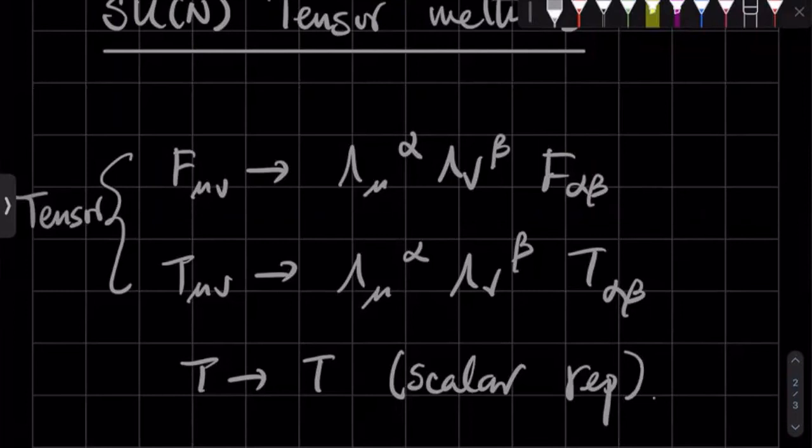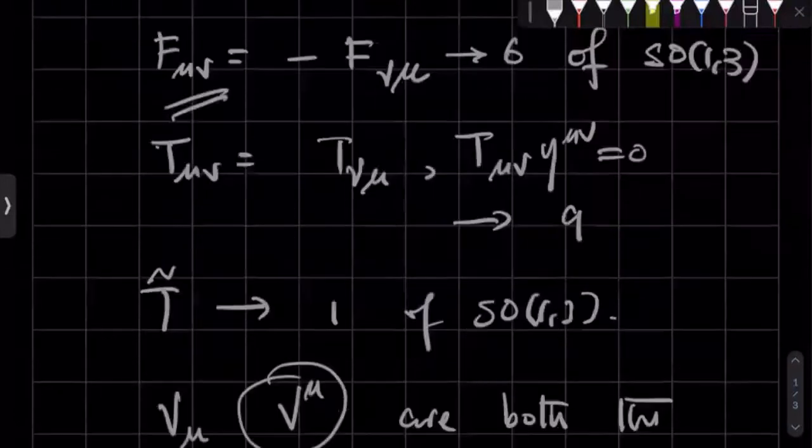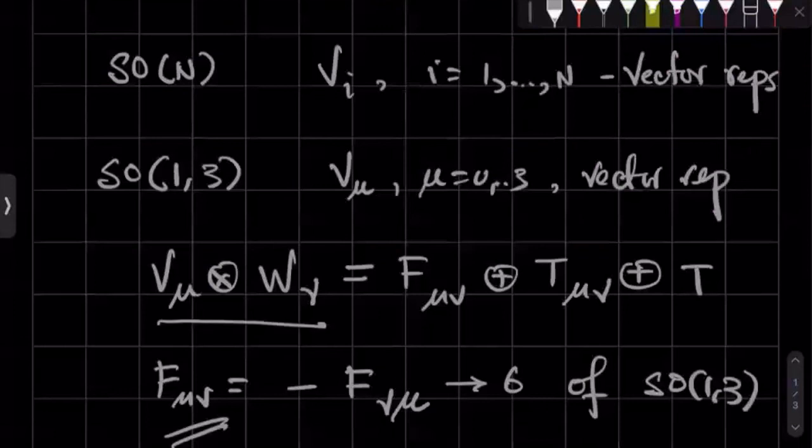So for the SO groups, the orthogonal groups, you build up bigger representations by tensoring the vector representation, the fundamental representation, and then you decompose those in terms of irreducible representations. So this is what we do. We are tensoring; this is a tensor product on the left side, a tensor product of fundamental, the basic irreducible representations.